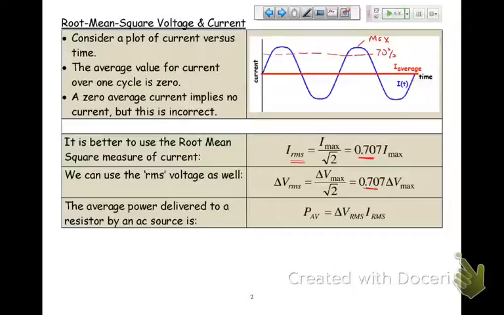And so if I want to know the power dissipated when I put an AC signal through a resistor, I can simply use RMS values for voltage, RMS values for current, and it all works. So P is equal to IV as before, but now I'm using RMS values, whereas in the DC I use the steady value. So it works nicely.